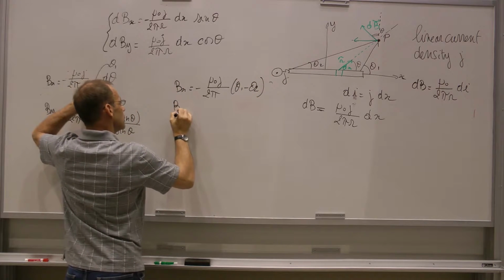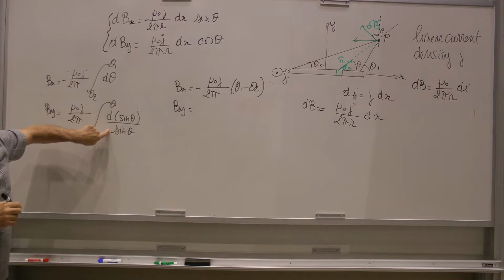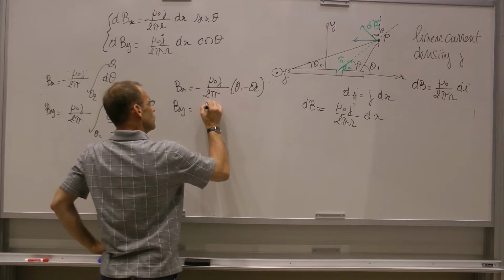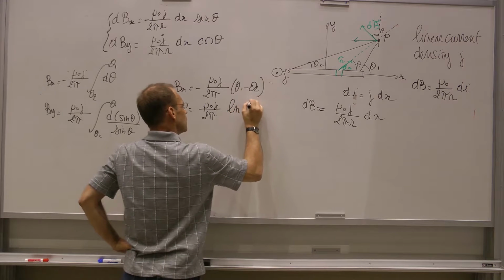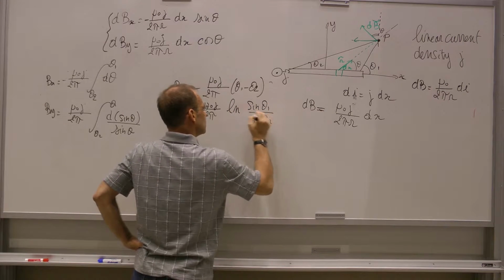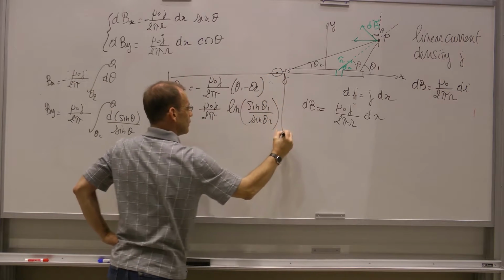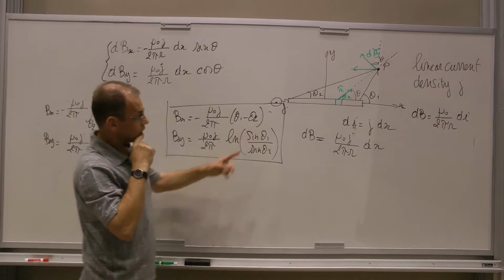And By, the integral d theta over sine theta is ln of sine theta, taken between theta 1 and theta 2: mu 0 j over 2 pi, ln of sine theta 1 divided by sine theta 2.